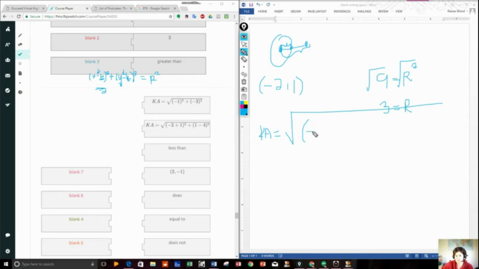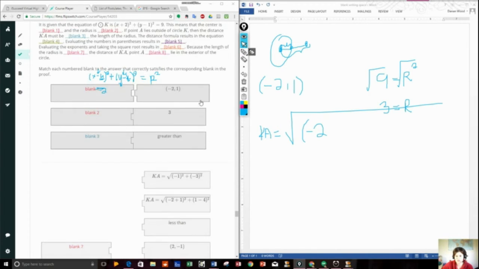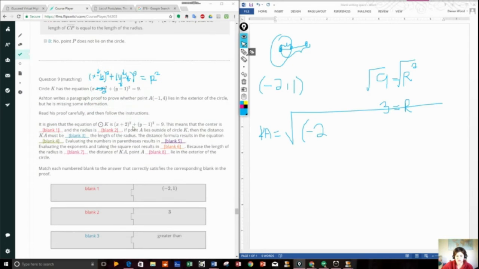Our x coordinate for our center point is −2, and point A was at −1, so I know we have −2 minus −1, squared, plus our vertical distance, so the y coordinate of our center minus the y coordinate of the point we want to check, 1 minus 4, squared.